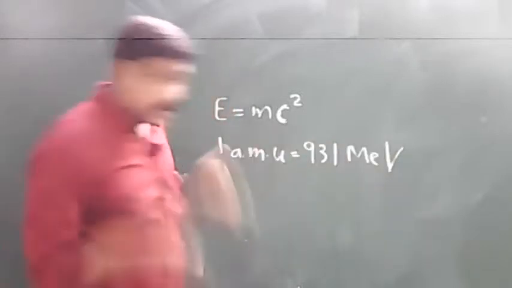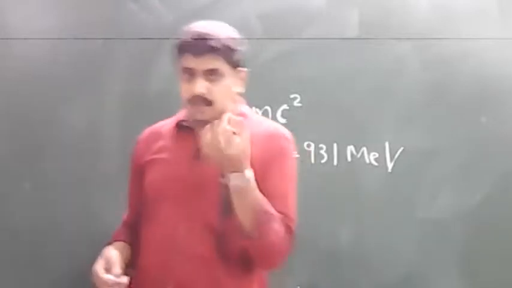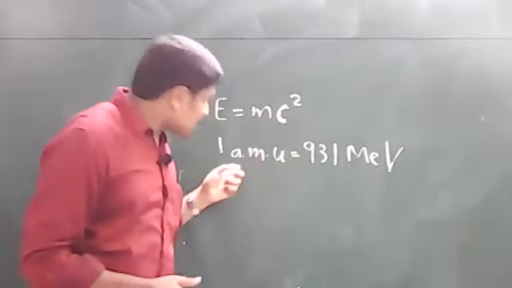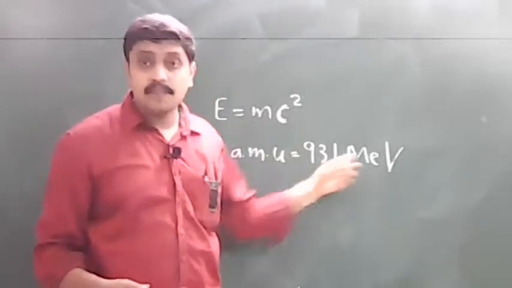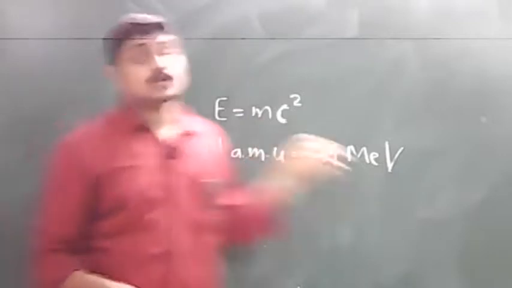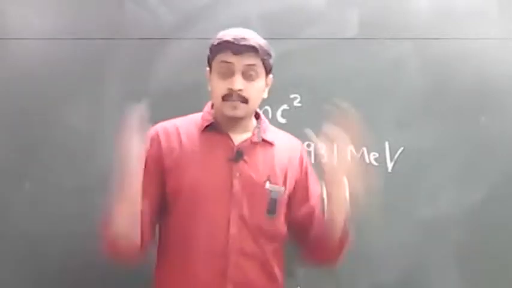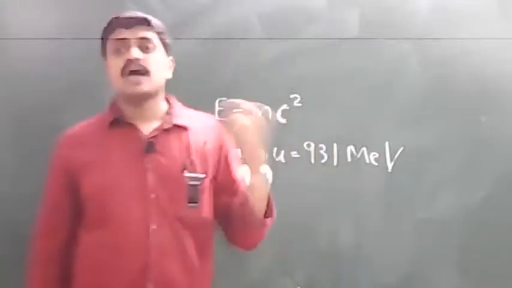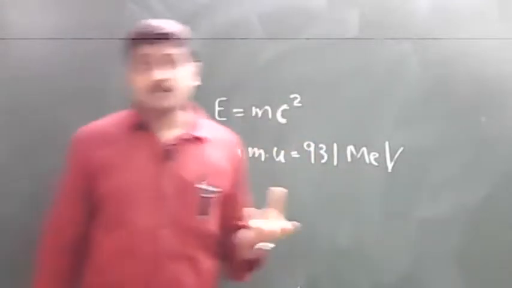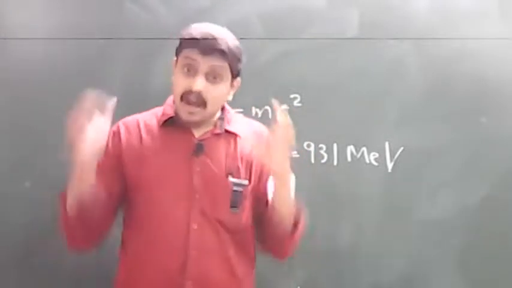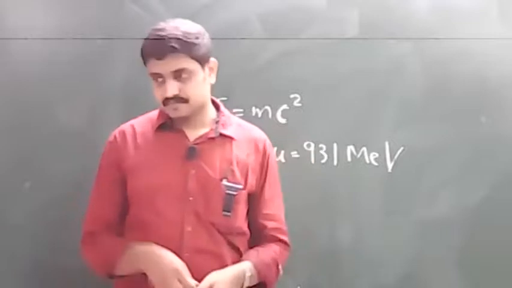An atomic mass is a very small amount, yet that amount of mass can produce 931 mega electron volt. So when mass is converted into energy, it becomes a big number. It means when we convert mass into energy, we obtain a large amount of energy.